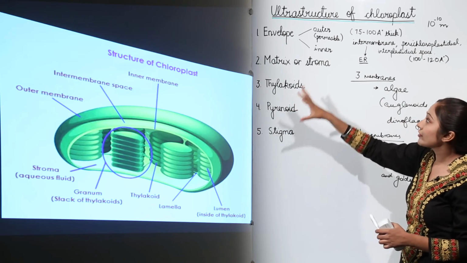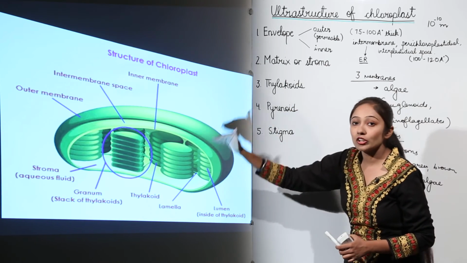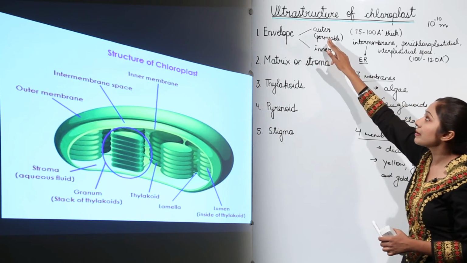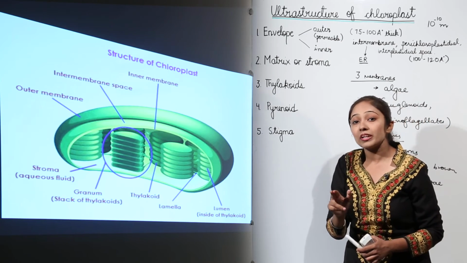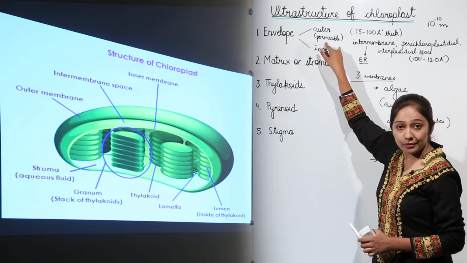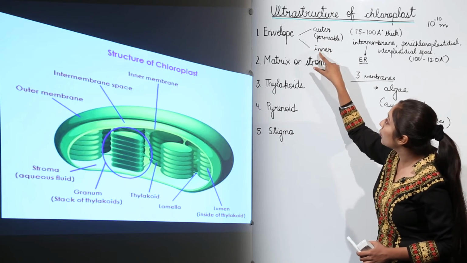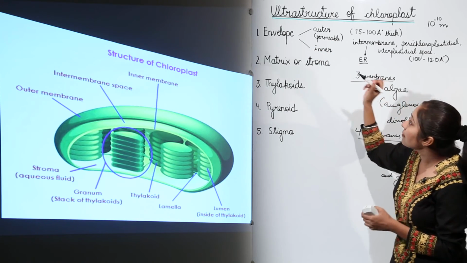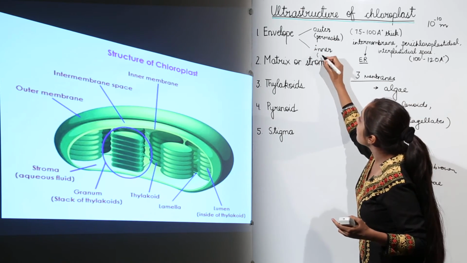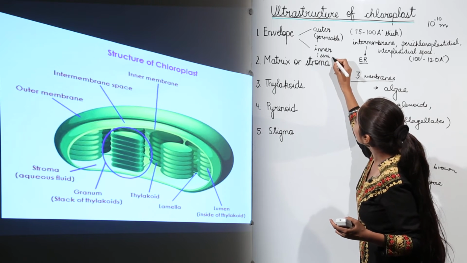So, the solvents or the solutes can enter easily, they can cross this barrier of the outer membrane because this outer membrane is a permeable membrane. Next, we talk about the inner membrane. Now, this inner membrane is a semi-permeable membrane.